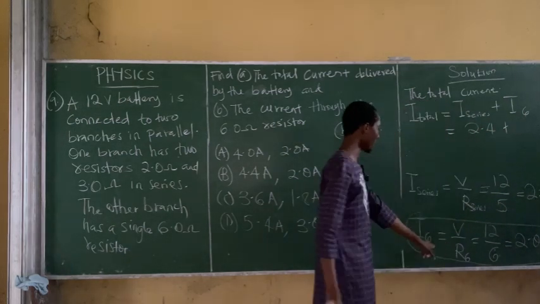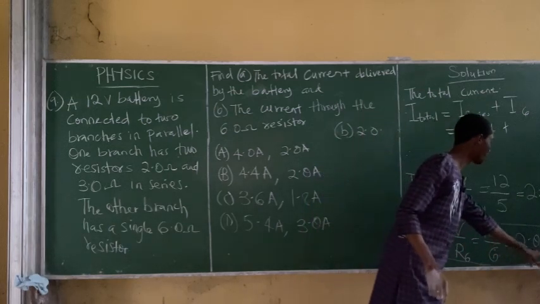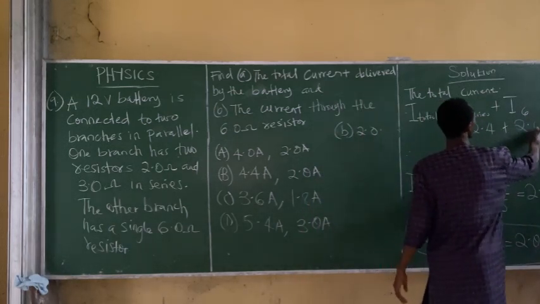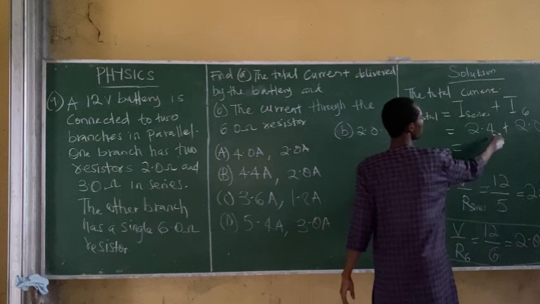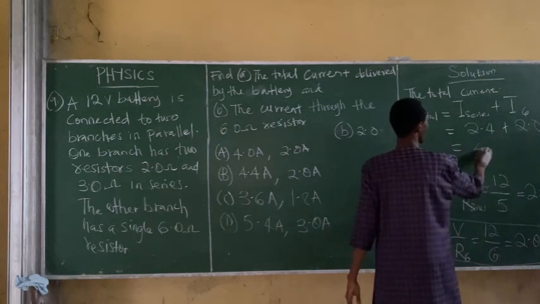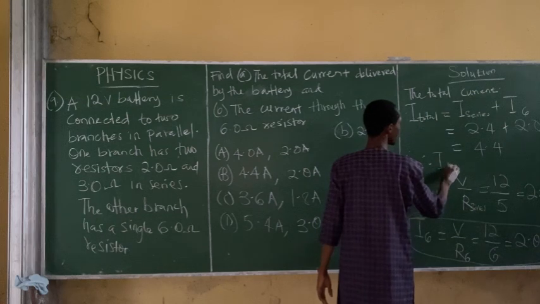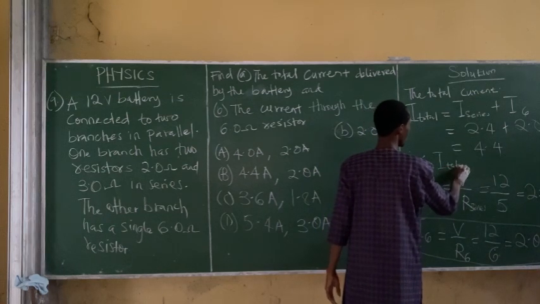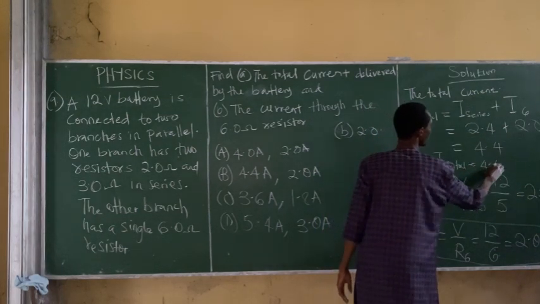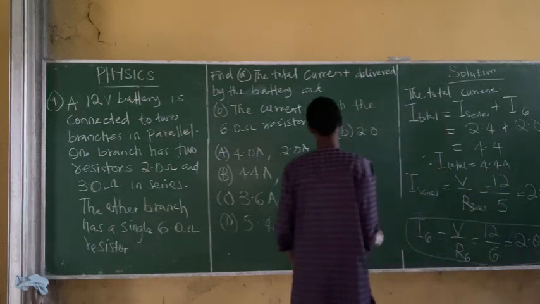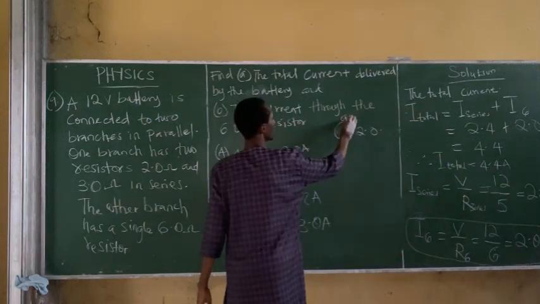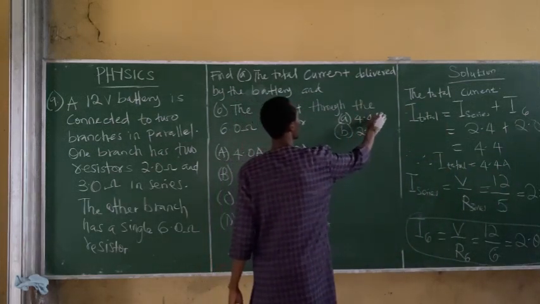Plus we have I6 to be what? 2.0 amps. 2.4 plus 2.0 gives us 4.4. Therefore, the total current flowing through this connection is 4.4 amps. We have A to be 4.4 amps.